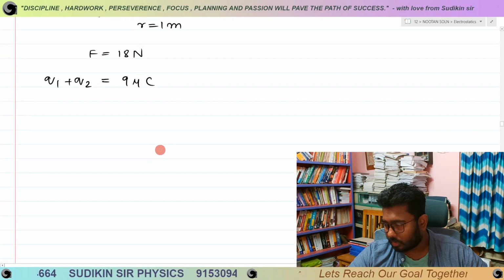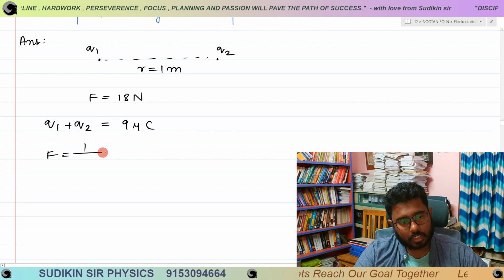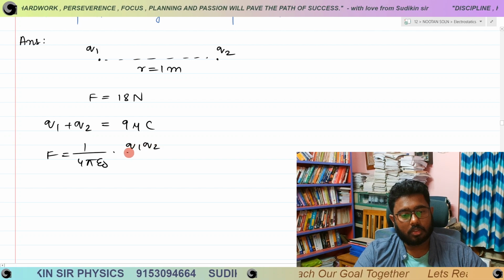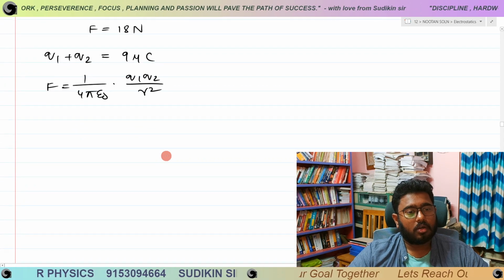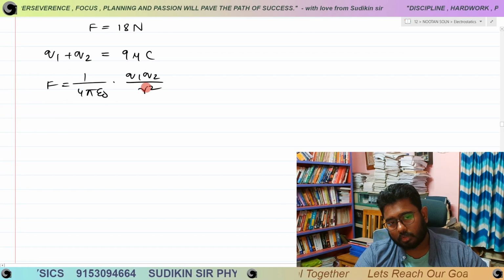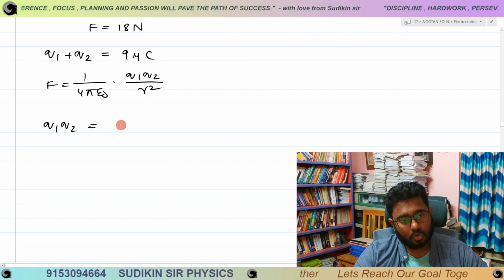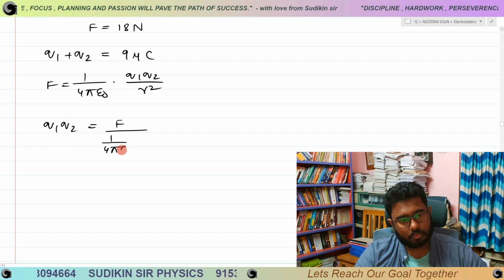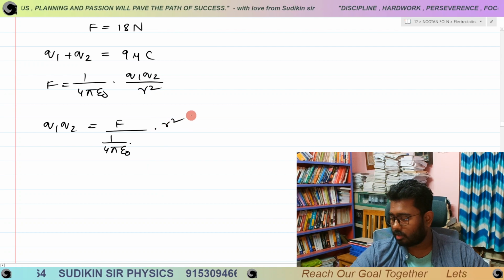Okay, so from Coulomb's law, what can we write? We write F as 1 by 4 pi epsilon naught q1 q2 by r square. Now let us find out what will be q1 q2. So q1 q2 will be F by 1 by 4 pi epsilon naught into r square.